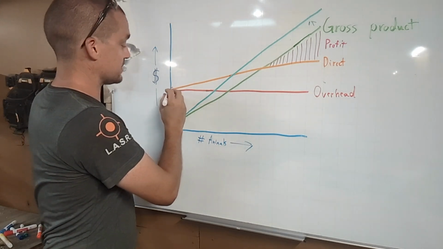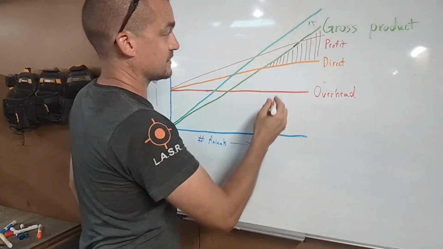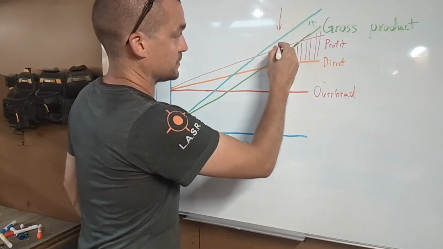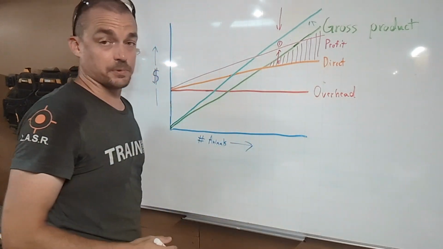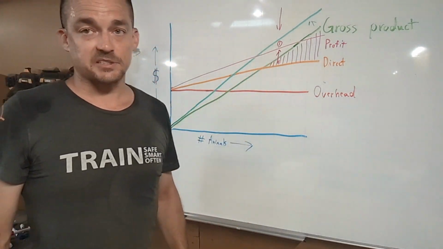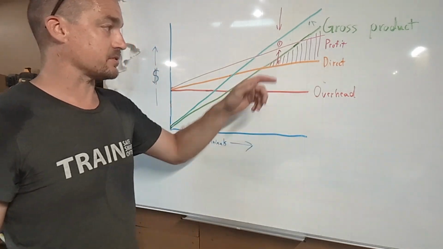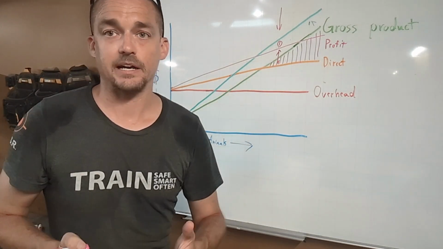Or excuse me, our direct costs. And now maybe our direct costs look more like this. And let's say we're at this point. Well, that's a smaller gap than that one. So yeah, we produced more kids, we produced more pounds of kids, but we're making less money because we increased our direct costs. And this is the real trick when we talk about low input agriculture.